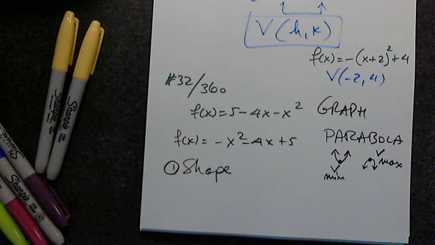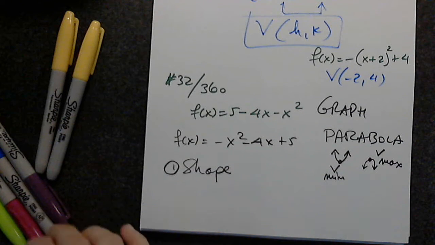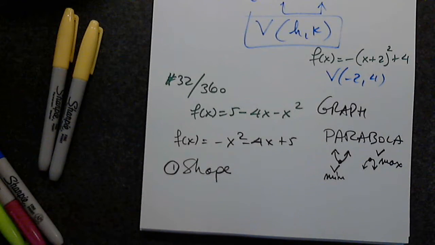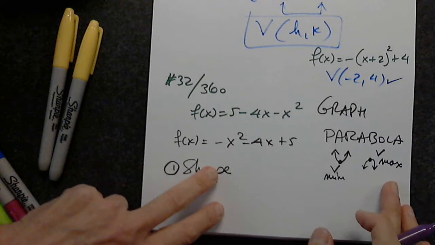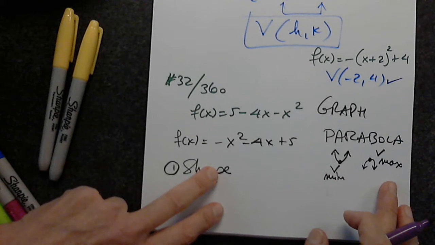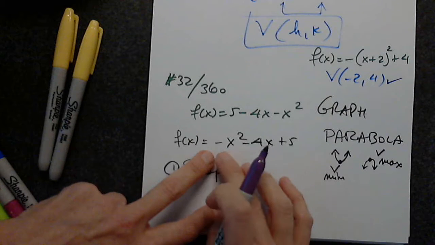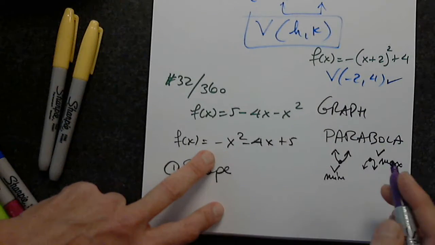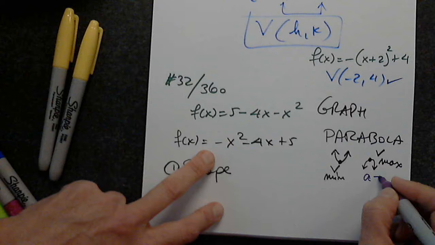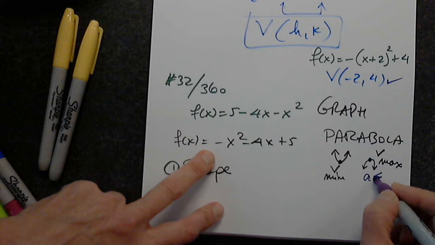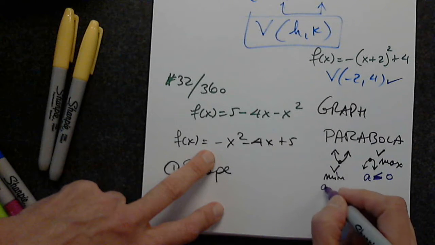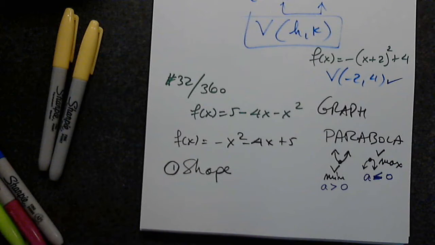So how do I know which shape it is? It's because the leading coefficient is negative. It has a maximum when the leading coefficient is negative, so let's put less than 0. It has a minimum when the leading coefficient is positive.